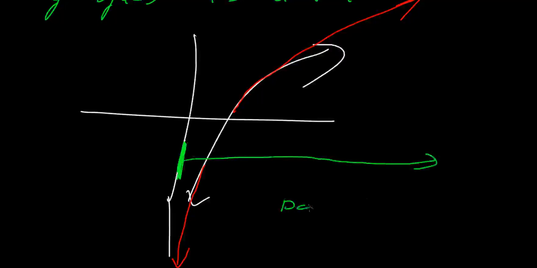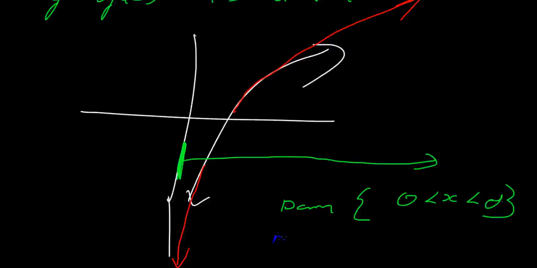So the domain is x lies between 0 and infinity. You'll note I don't have an equals here because the graph never actually touches the line x equals 0 and it goes to infinity, and you never have an equals with infinity.